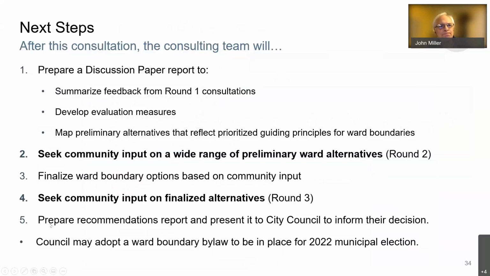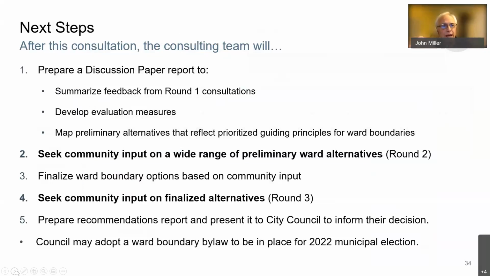So the next steps: we're going to take all the input from this round and all the research, and put it together into a discussion paper. The big piece is maps, mapping the preliminary alternatives, so that we can move on to the next round of consultation, which is seeking community input on this wide range of alternatives.